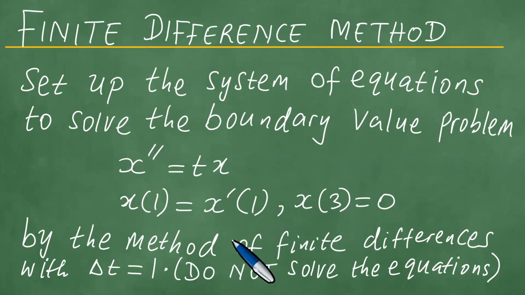So we are playing between 1 and 3 here, and that gives us the values of t. So t0 is 1.